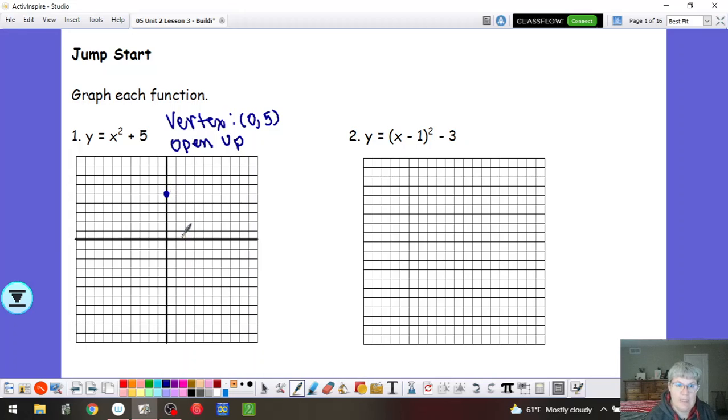Unfortunately, I moved my x-axis up so high we won't be able to do the 9, but we should be able to do the 1 and 4. And what I mean is when we move horizontally 1 unit, we move 1 unit up. When we move horizontally 2 units, we will move 4 units up. And then because parabolas are symmetrical, we can do the mirror image on the other side. And here is our parabola.